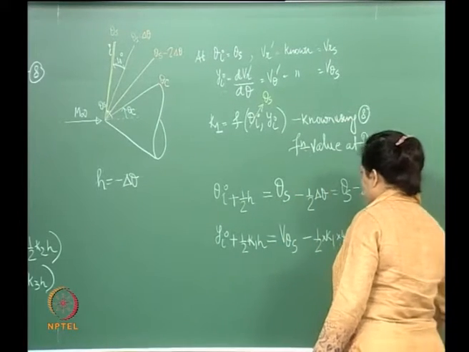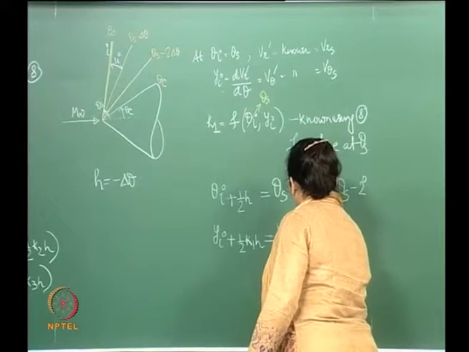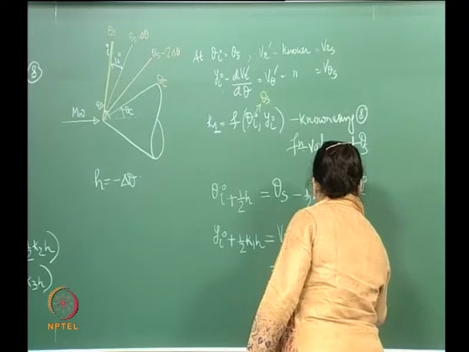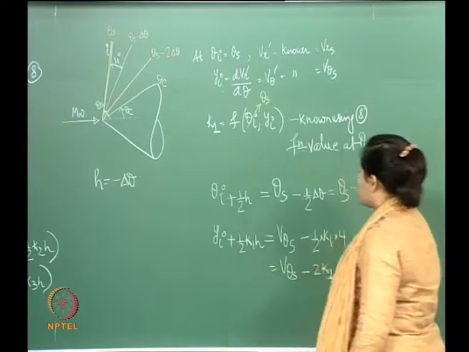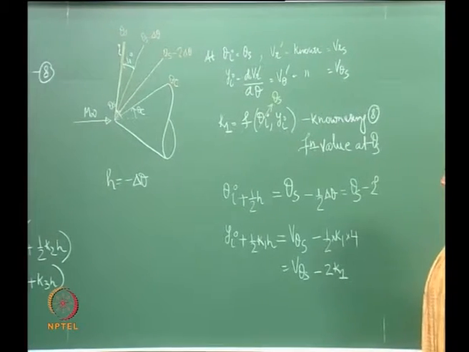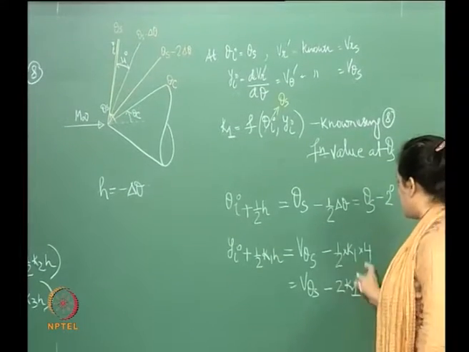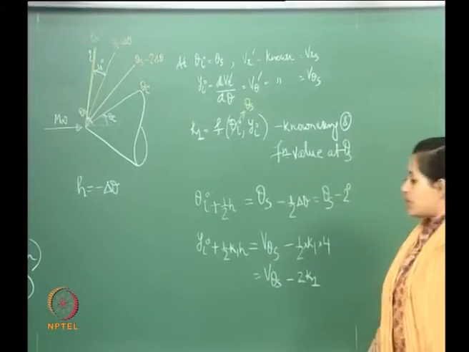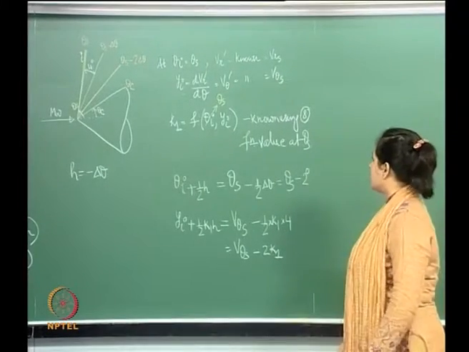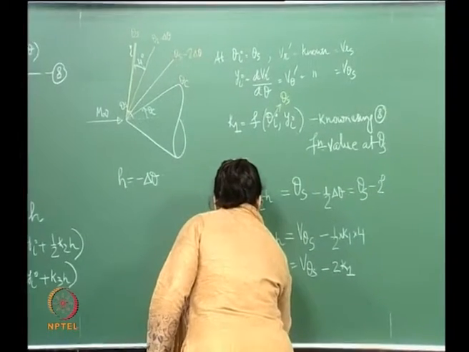So y I plus half k 1 h is this, right. Now what we need is essentially the function value, which is k 2.